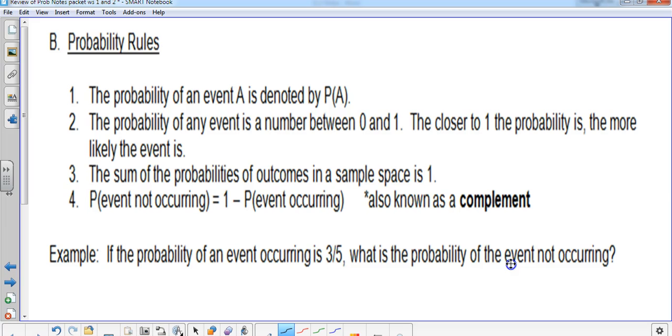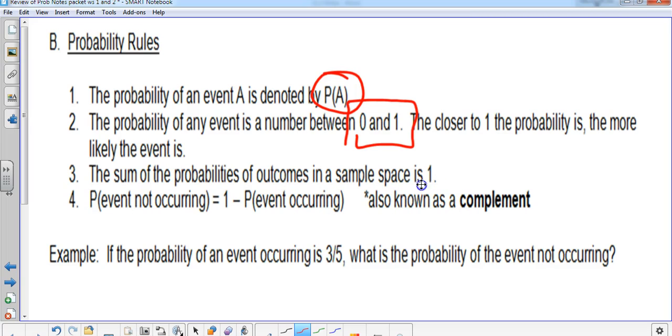All right. So some basic stuff. The probability of an event is written like this often. The probability of any event is a number between 0 and 1. There's a worksheet where it asks what is the range of values for probability. 0 to 1. Inclusive. It can be 0 and it can be 1. The sum of the probabilities in a sample space is 1.